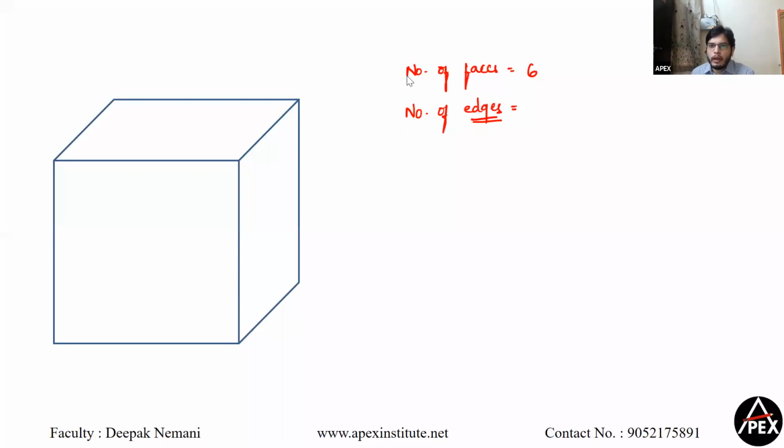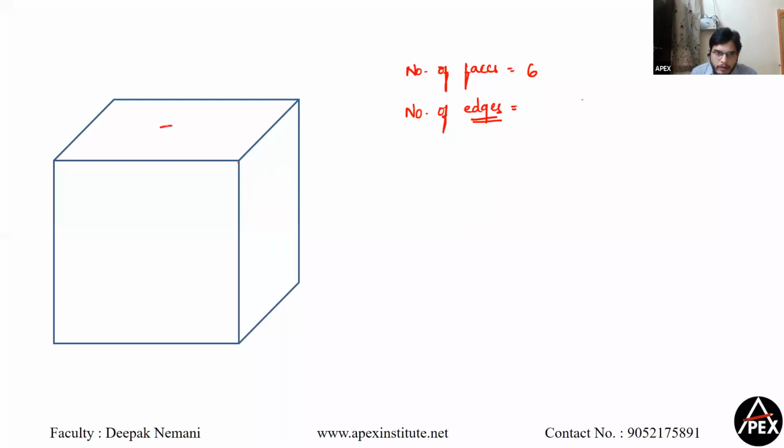Corner? No, an edge is not a corner. So please understand the difference between edge and corner. Joining two vertices, or I can also say the line of intersection of two faces is called an edge.